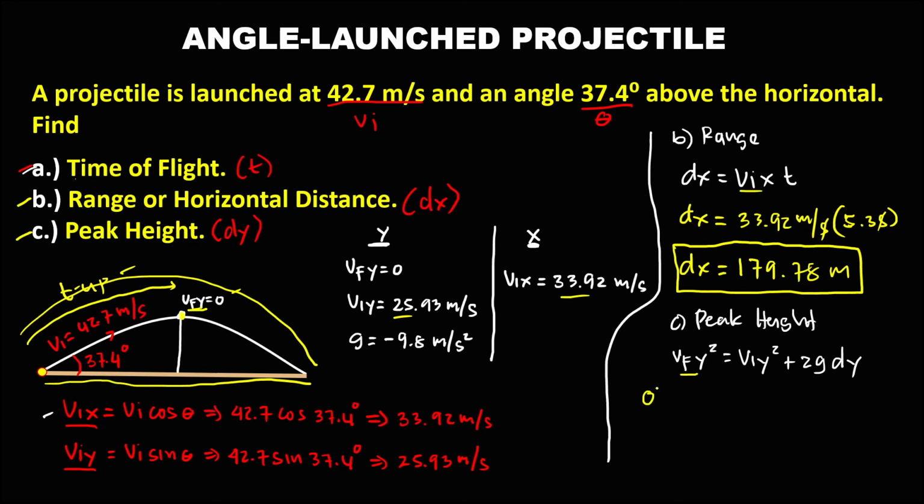So 0 squared equals the initial velocity for y, 25.93 meters per second, squared, plus 2 times the gravity, negative 9.8 meters per second squared, times the dy. Then we have 0 equals 25.93 to the power 2.